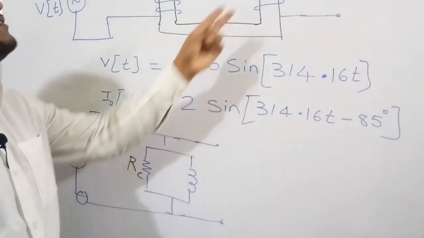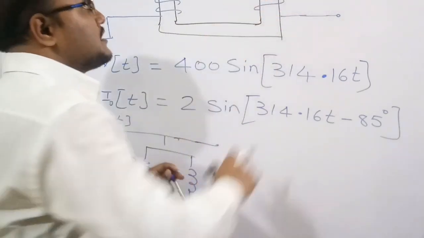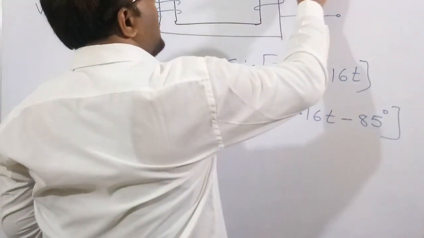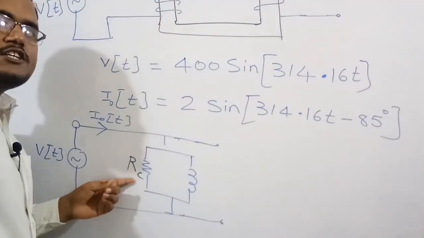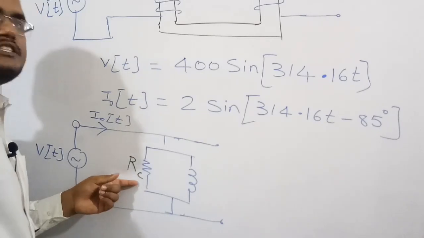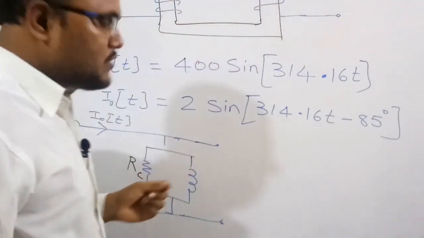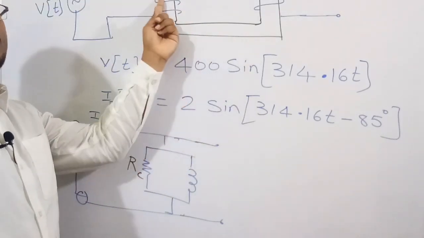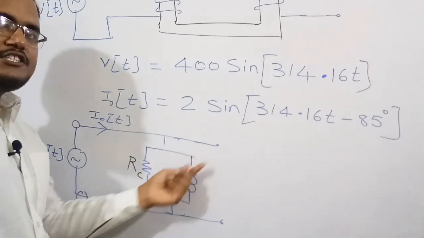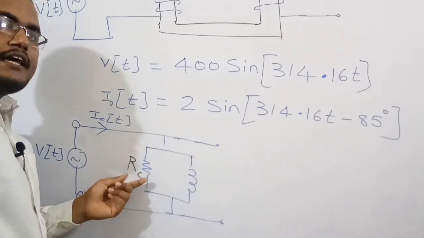The summation of these two is called the iron loss. Iron loss means core loss. So this RC is responsible for that. Because of this RC, the iron loss or core loss occurs in the core. Even at no load condition there is a loss, so that's why at no load condition also we kept RC. This RC indicates the loss, which is iron loss.